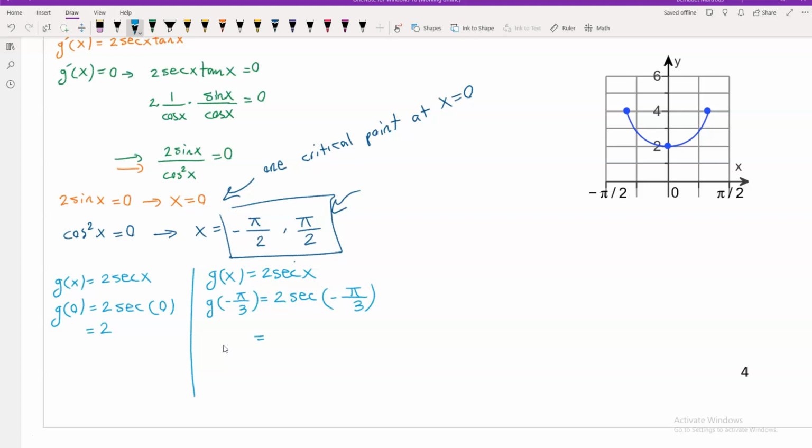Finding g of negative pi over 3, that is equal to 2 times secant negative pi over 3. Secant negative pi over 3 is equal to 2. Remember that secant is 1 over cosine, and cosine of negative pi over 3 is equal to 1 over 2. So 1 divided by 1 over 2 is equal to 2.